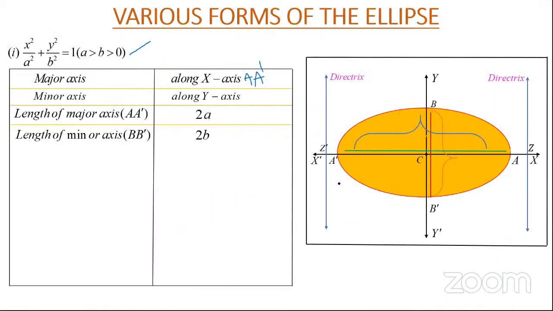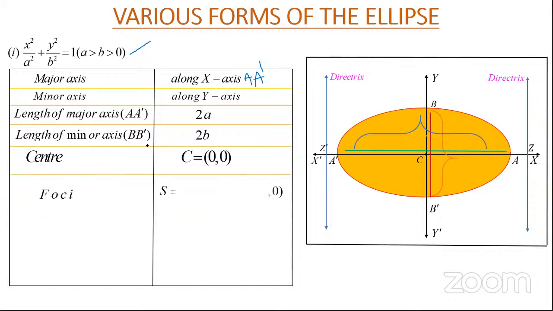Next, the center is (0, 0). The ellipse has 2 foci: S is (ae, 0) and S dash is (-ae, 0).